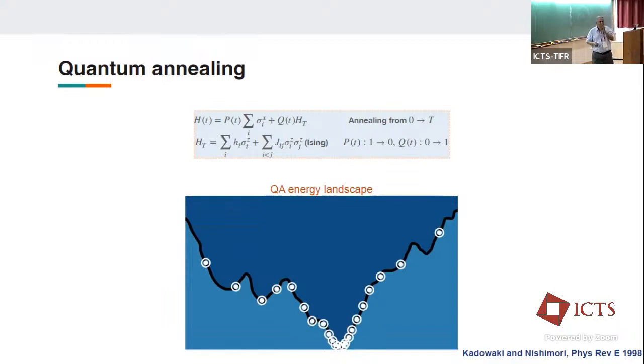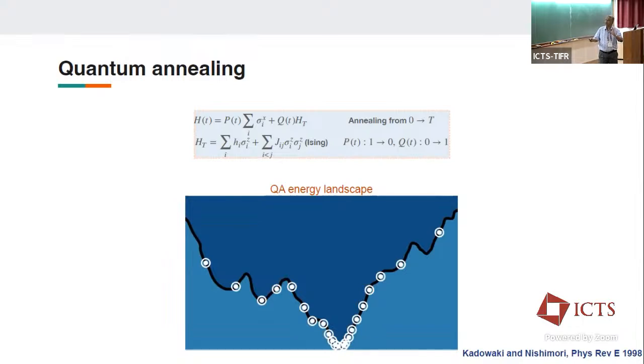May I ask you a question? What I understand from this expression, P means model space and Q means orthogonal space, right? No. Initially it was in some arbitrary spin configuration. At time T equal to 0, the value of P is 1 and the value of Q is 0.